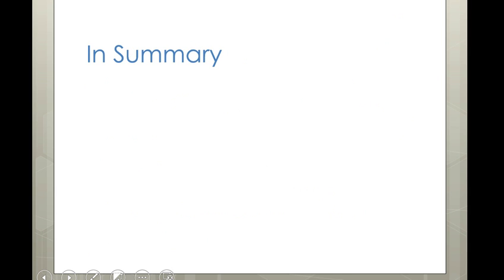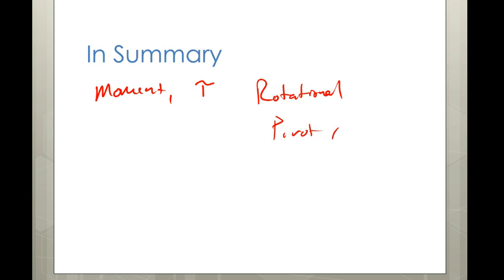So in summary, we have this thing called the moment of force, or we can also call it torque, and I'm going to abbreviate torque with this τ that has the squiggly top on it. We're using this to describe rotational force, or force that's happening around a pivot point.